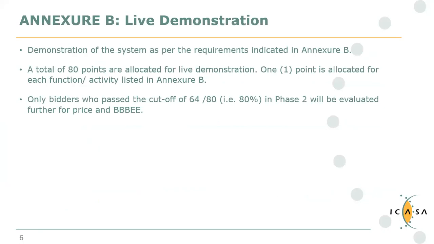Live demonstration of the system per requirement indicated. A total of 80 points are allocated for live demonstration, 1 point allocated for each function. Only bidders who pass the cut of 64 out of 80 would be evaluated for further price. So this is another way you can eliminate people. Maybe you're not sure what to choose from. This is a way you can do it.